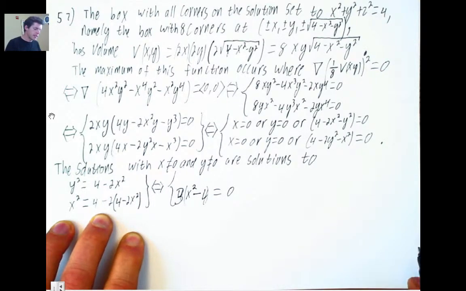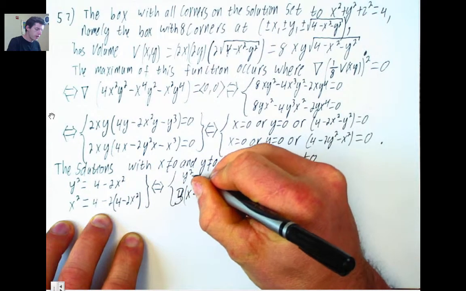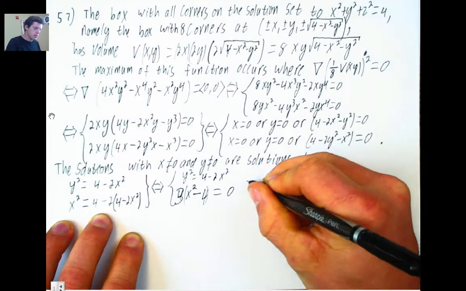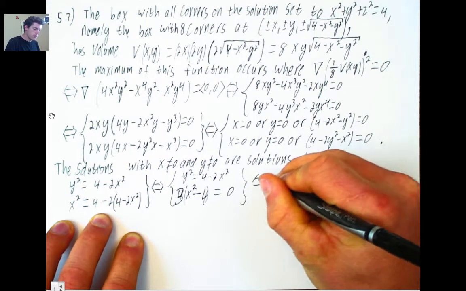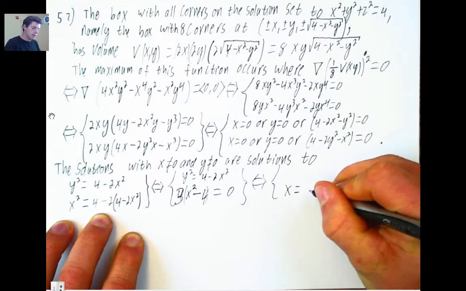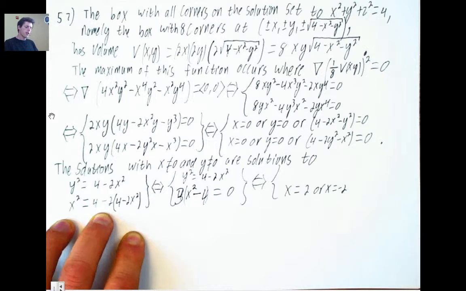And what does that say? If I simply recopy this equation, y squared is 4 minus 2x squared. This is amounting to the statement that x is 2 or x is negative 2.